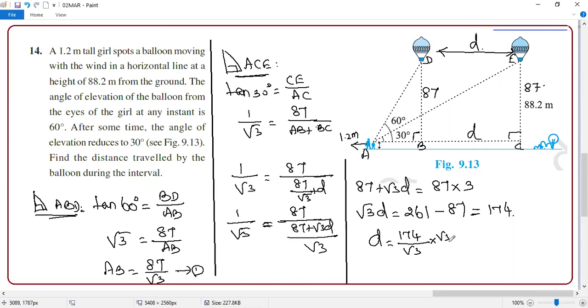We know that rationalizing this, so finally, combinedly, root 3 into root 3 gives 3. So can you tell me when you are cancelling these two, what is that? It will cancel, yes, 174 by 3 is 58. So it is 58 root 3. But I'm not sure. Can you check the answer is correct? 58 root 3 is the distance traveled by the balloon.